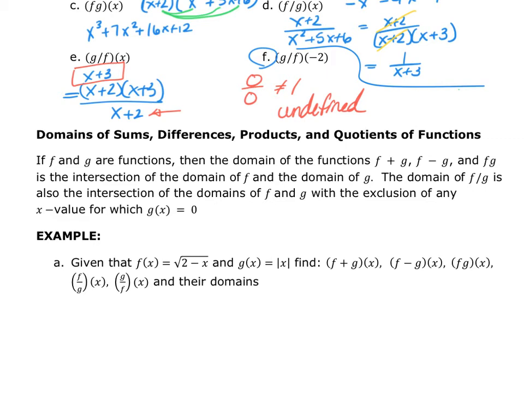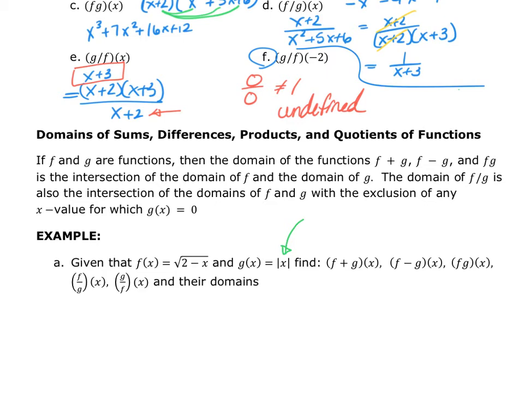So the first thing I do, if I'm asked to find the algebra of the functions and also their domains, is find the domains of each function individually and see whether anything changes as I do the algebra of functions. Is there any problem on the domain? I'm going to start with this one first. Is there any problem with finding the absolute value of any real number?